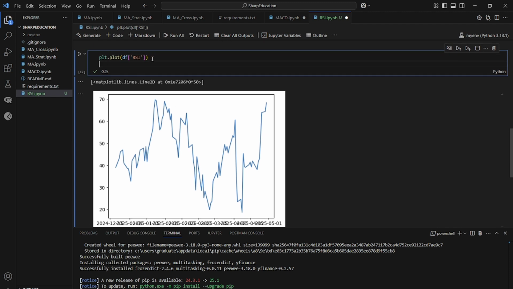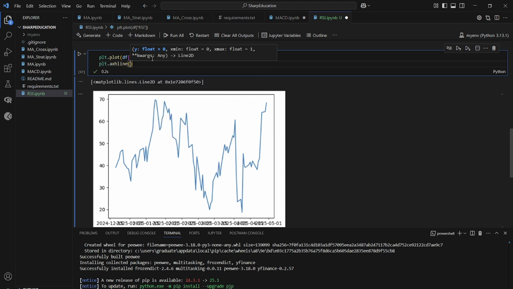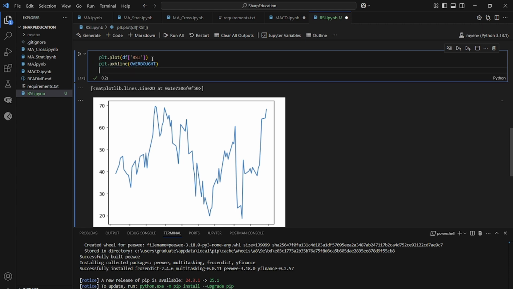And we can also plot some horizontal lines to denote our overbought and oversold levels. So plt dot axhline, I think. Yep. Plot axhline, and we'll make that our overbought. And we're going to do another one, for oversold.